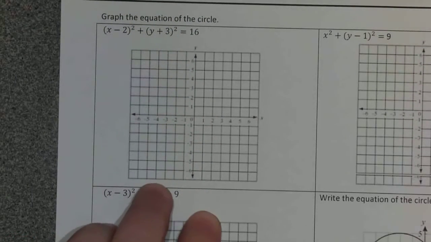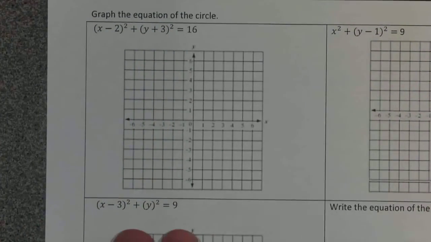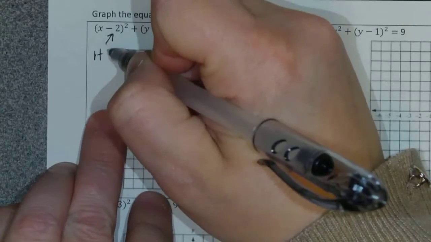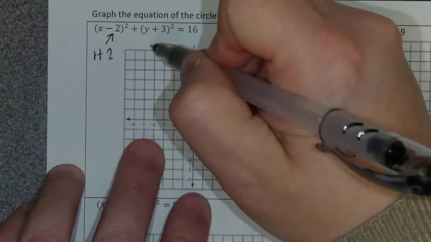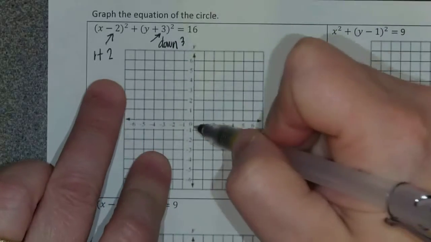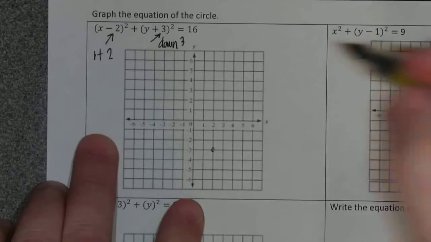So this first example right here, if I were to just kind of look at this, this minus 2 right here tells me to move right 2 units. And then the plus 3 tells me to move down 3 units. So right 2, down 3 for the center point of our circle.